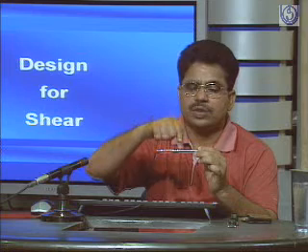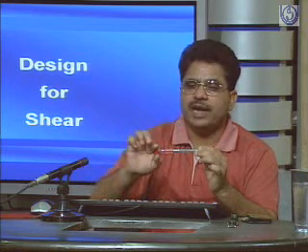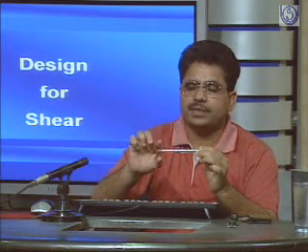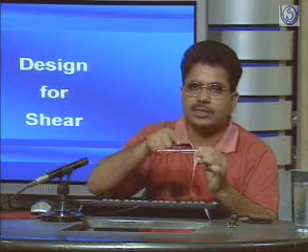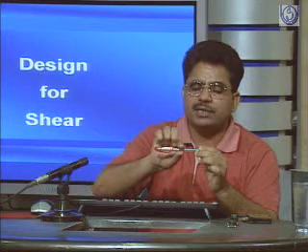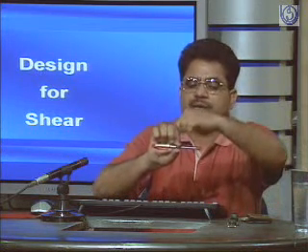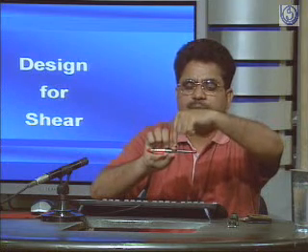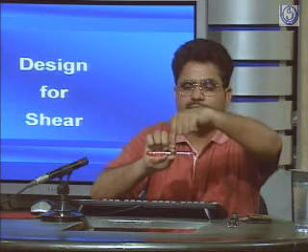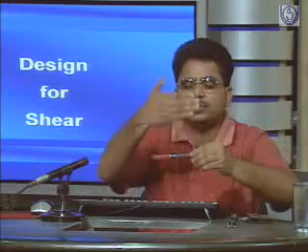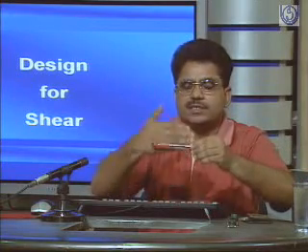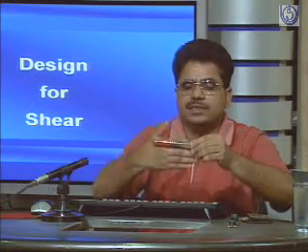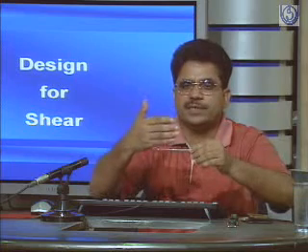But if we add some element here or here across, and on this element load is applied here, now the vertical plane having the load and the vertical plane passing through the central axis of the beam, these two are different.